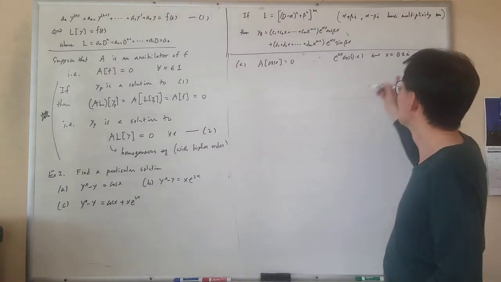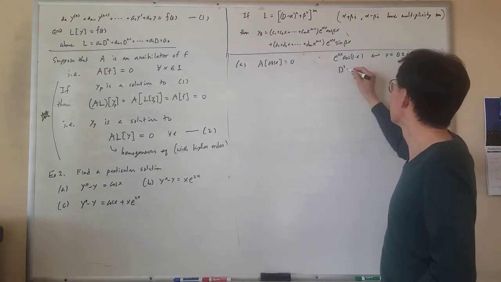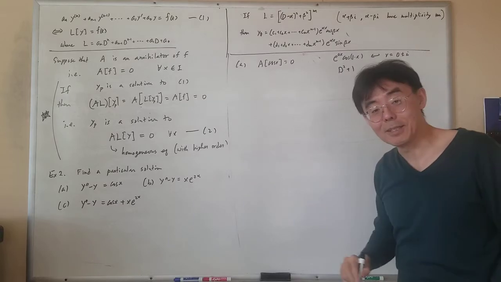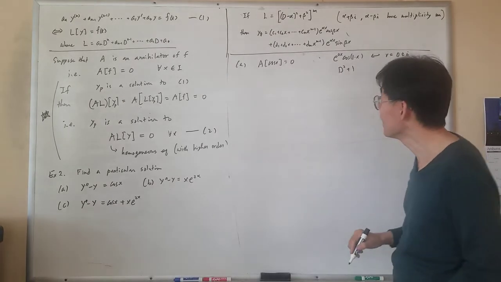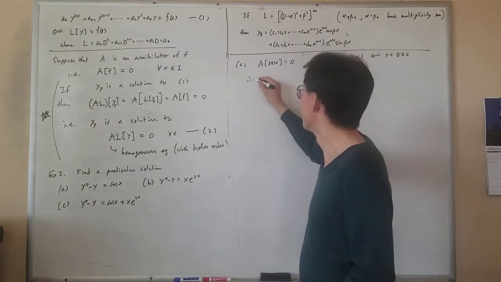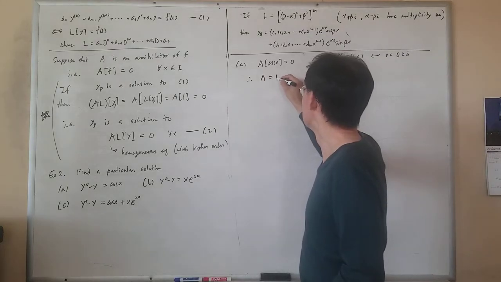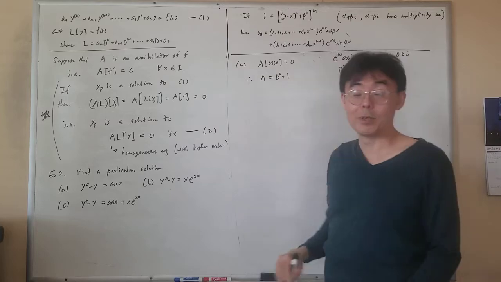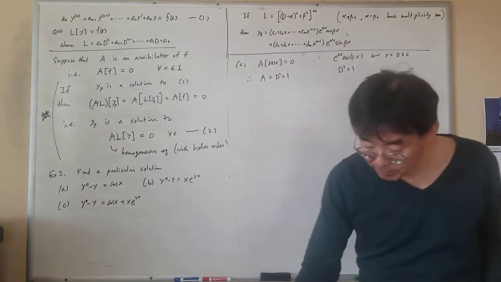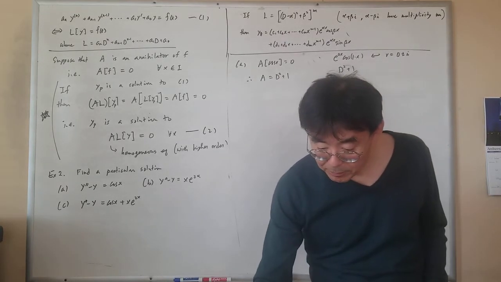So d squared plus 1 corresponds to this. Therefore, our annihilator should be at least d squared plus 1.